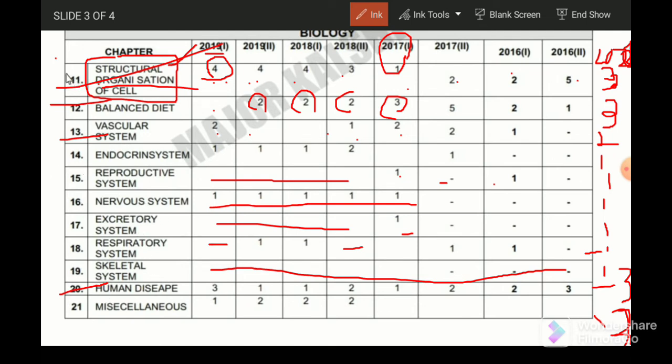So here we are seeing that structural organization of cell is really very important. Okay, structural organization of cell, in this chapter mostly we are going to discuss about the cell. Okay, the structural unit of all living beings, that is cell. Okay, the components of cell. See, the main components of cells.